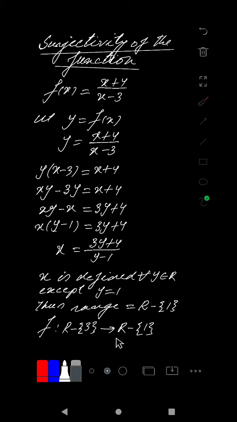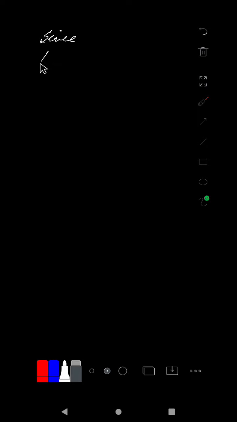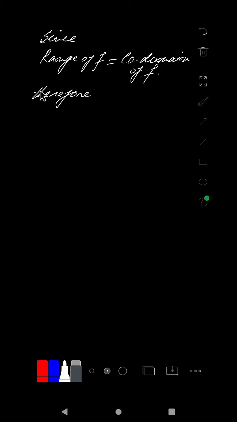So that means the codomain of the function is also R minus curly bracket 1. So we observed that the range of the function is exactly the same as the codomain of the function, since the range of f is exactly equal to the codomain of f. Therefore, f is an onto function.